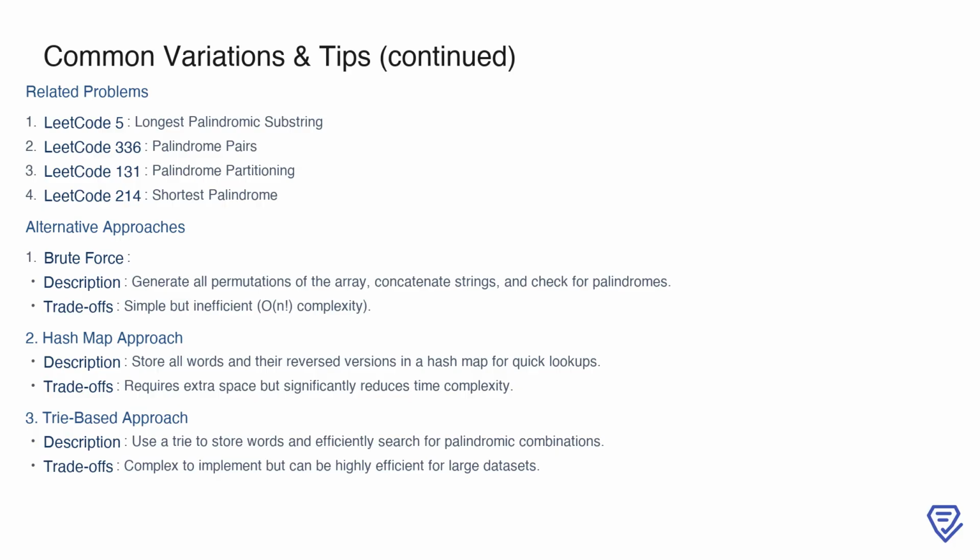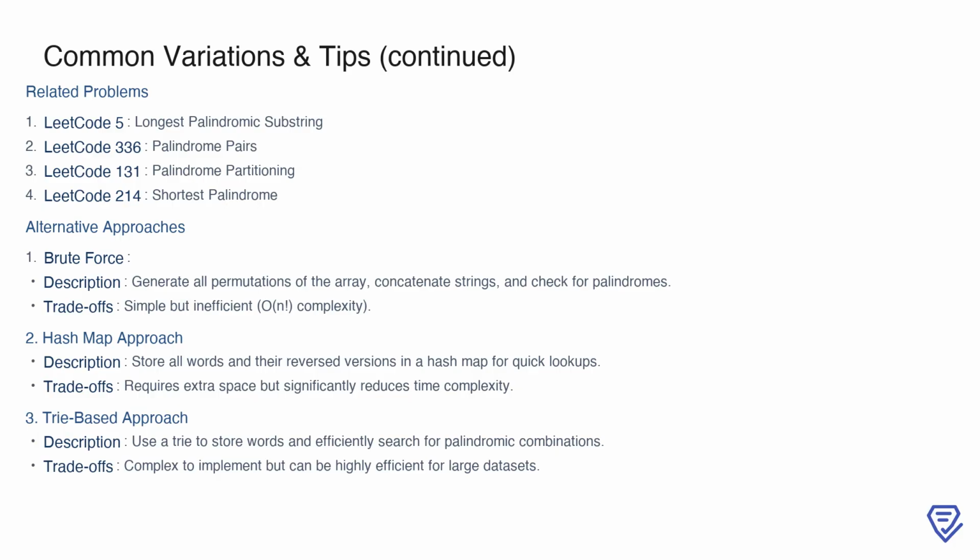When it comes to alternative approaches, brute force is the simplest method. You generate all permutations of the array, concatenate the strings, and check each result for palindromes. However, this approach quickly becomes inefficient due to its factorial time complexity. A more refined option is the hash map approach, where you store all words and their reversed versions in a hash map for quick lookups.